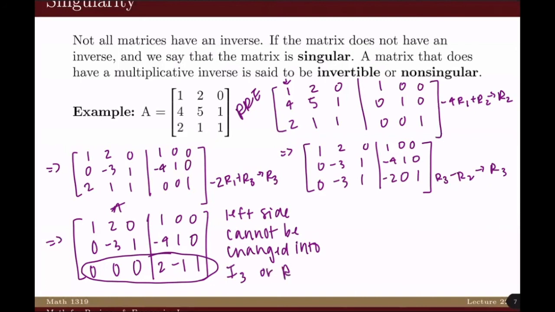Or you can think of it this way: our reduced row echelon form for this matrix would actually have all zeros in the third row, since we can't make it into a 1 on that third turning point. So since we can't change it, we would say this A is a singular matrix, i.e. it has no inverse. And that's it. It is singular.